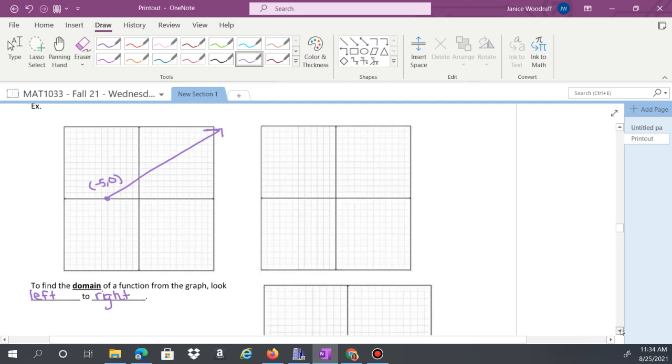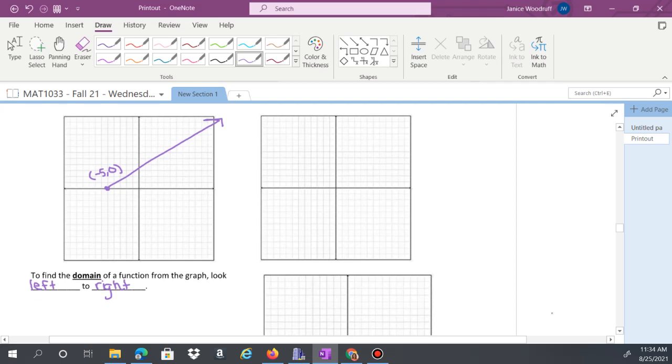So for the domain, what we want to do, and I have some extra graphs here. I'll write over this one here. Okay, so for the domain of a graph, what you're going to do is write in interval notation.